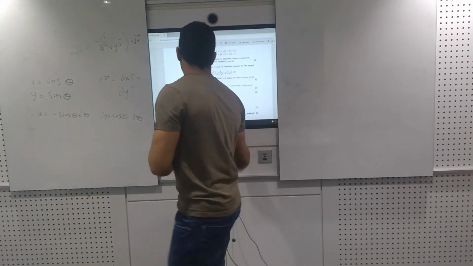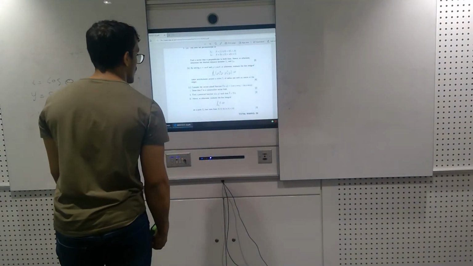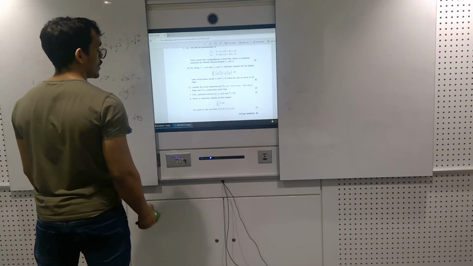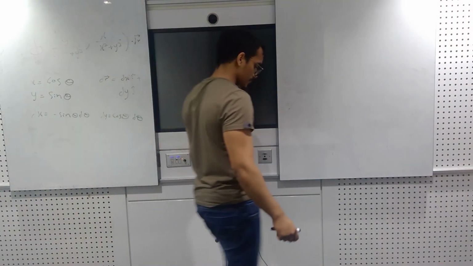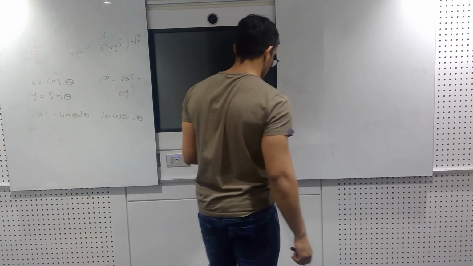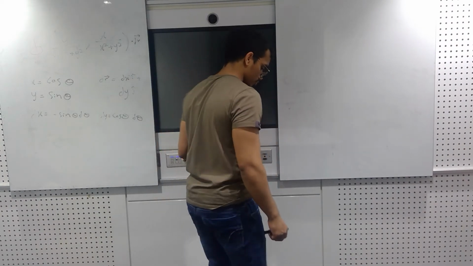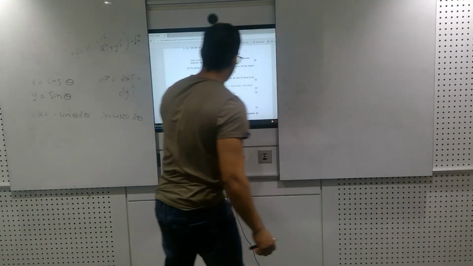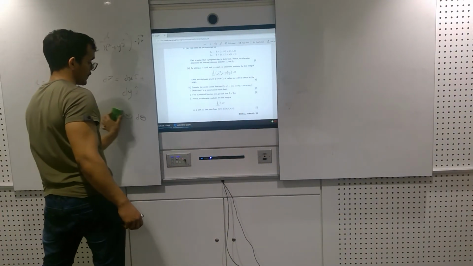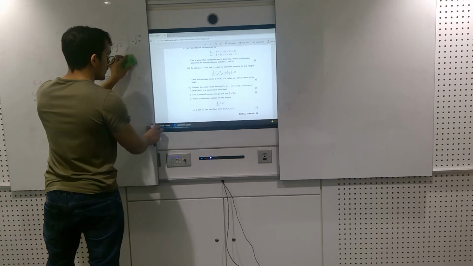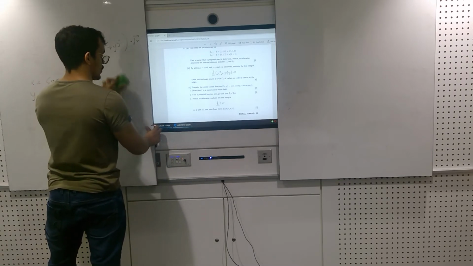That's correct. You take the curl, and you must know it's a conservative field because the curl of this function is equal to 0, and at the same time because it's defined everywhere.